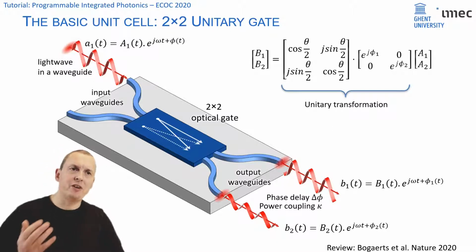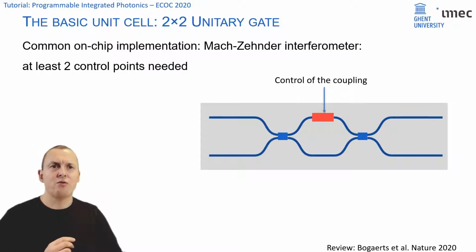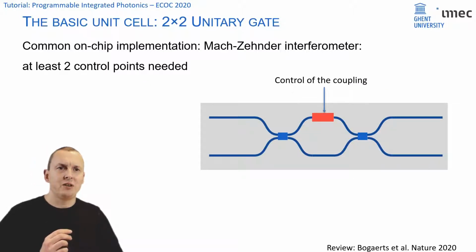The easiest implementation for such a unit cell on a waveguide circuit is through a Mach-Zehnder interferometer. Essentially, you split your light, you use one phase shifter to control the phase delay, and that in turn determines the coupling ratio of your gate.